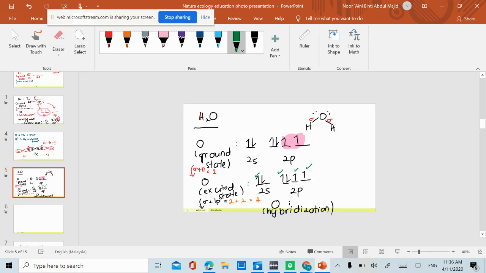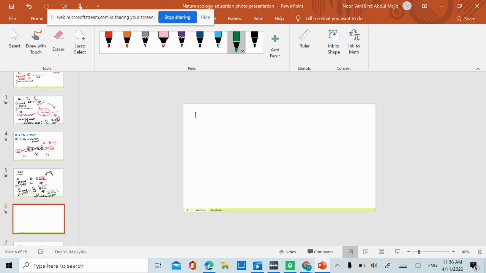That means all orbitals here will hybridize and form 4 sp3 orbitals. And what about the terminal atom? The terminal atom is hydrogen, and hydrogen has the configuration of 1s1.